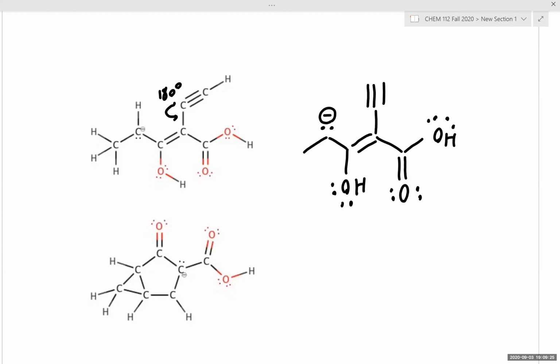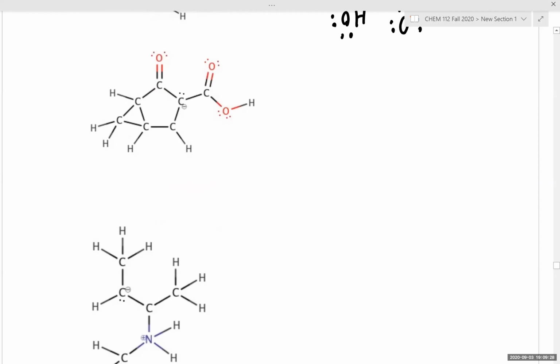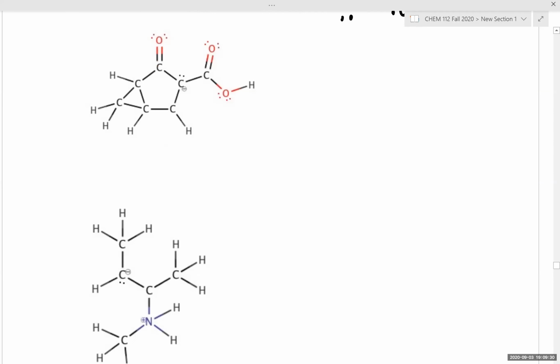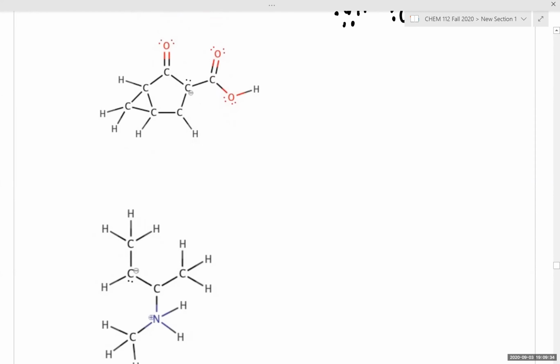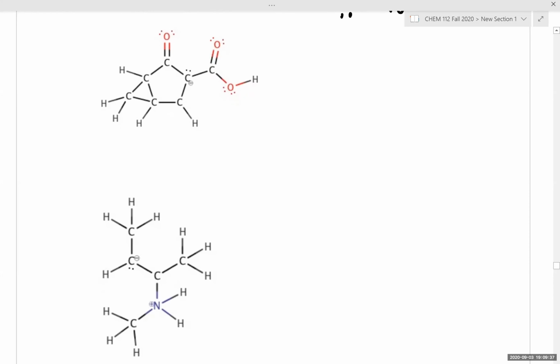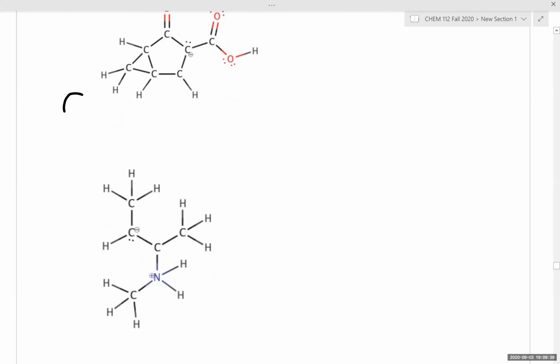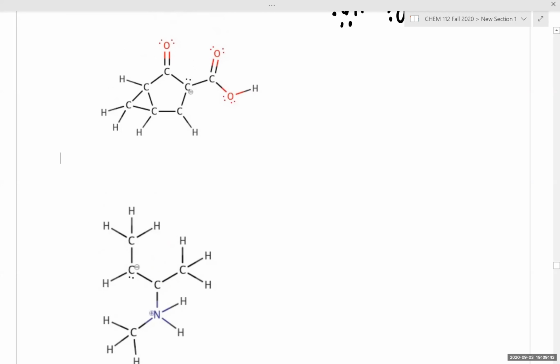If not, let's keep going now, and I'd like you to work on drawing bond line structures for the following two molecules. So let's spend about 4 to 5 minutes on this example, and let's draw bond line structures for each of these examples.